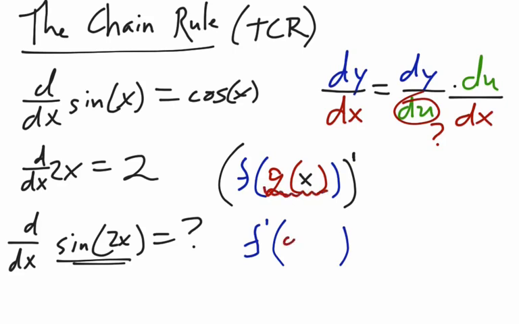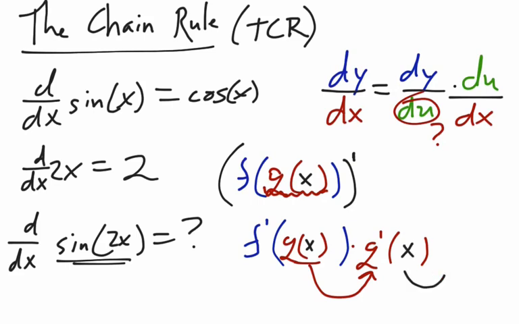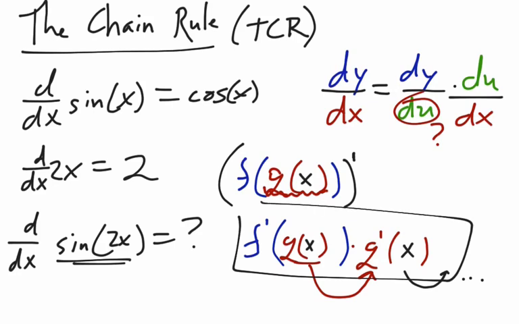So it's f prime of g of x, and then you multiply this by the derivative of the inside stuff, g prime of x. Honestly, you can continue this process until you run out of variables, basically. We'll look at some examples of when you need to keep using the chain rule and when to stop.